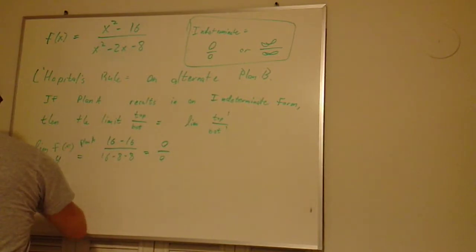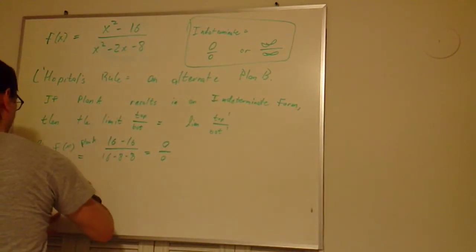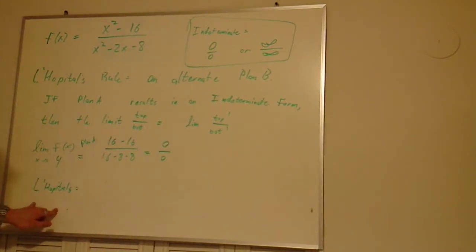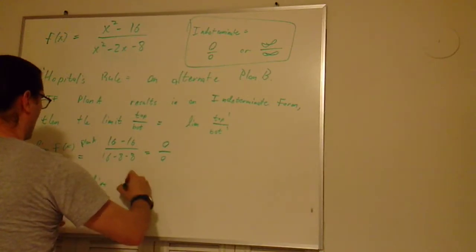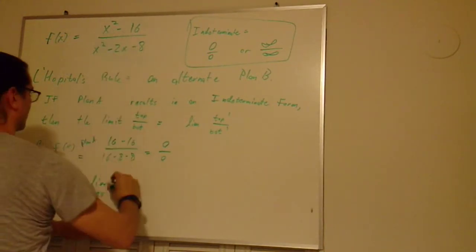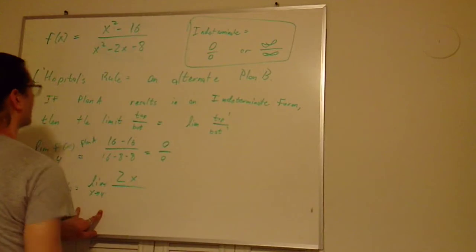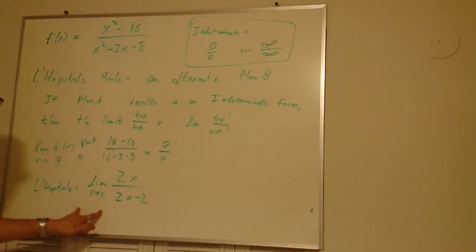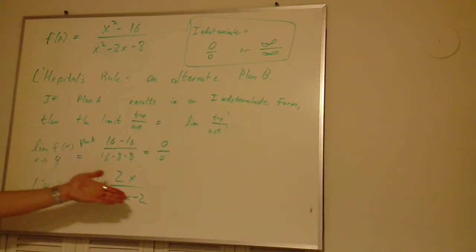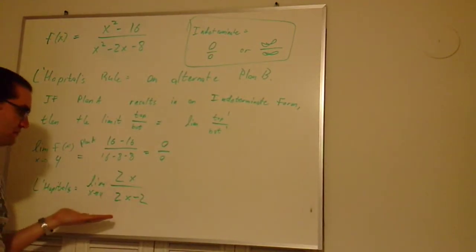We need to take the derivative of the top. L'Hopital's rule says that we can take the limit as x approaches 4 of the derivative of the top, which is going to be 2x, over the derivative of the bottom, which will be 2x minus 2. Now we have a new limit right here.